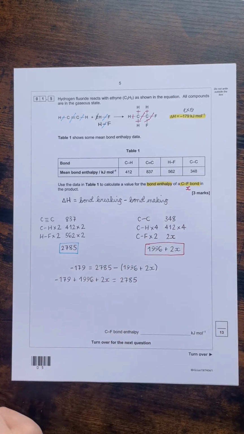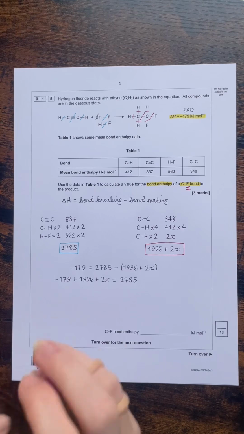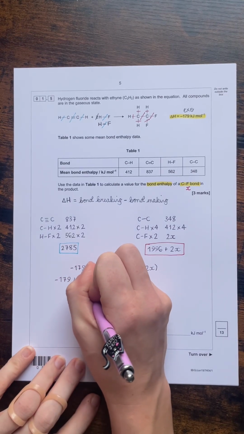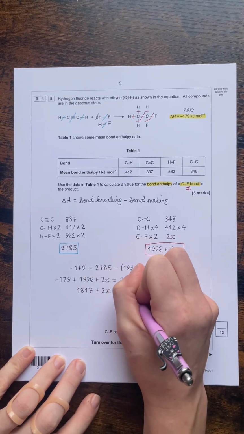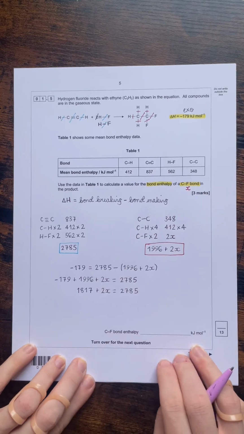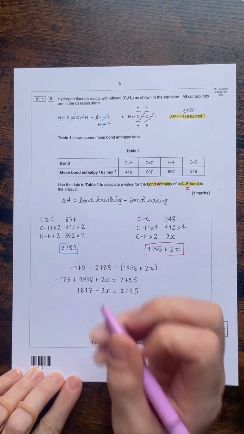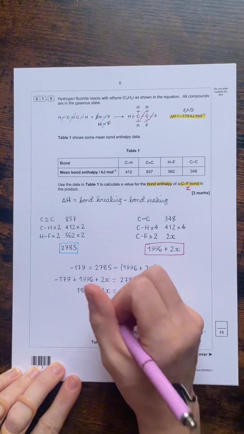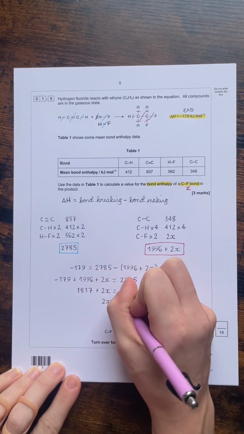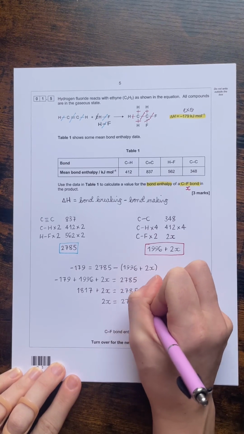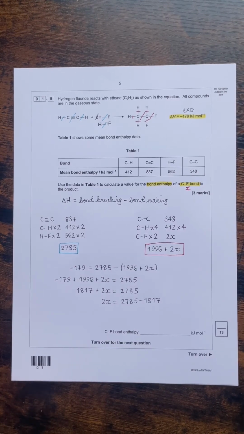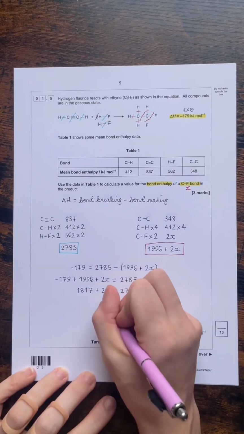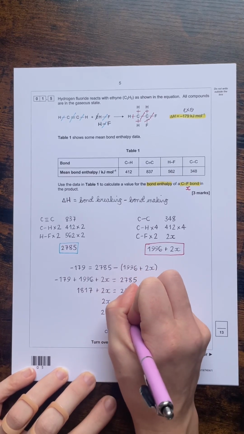2785. And then I can work out what minus 179 add 1996 is, which is 1817 add 2x is equal to 2785. Then I can take away the 1817 from the 2785 to leave me 2x on the left hand side. 2785 minus 1817, which is 968.